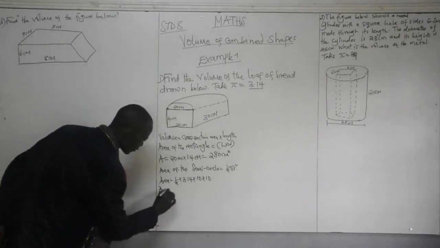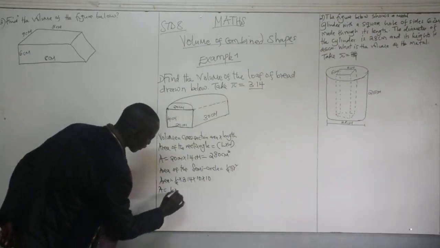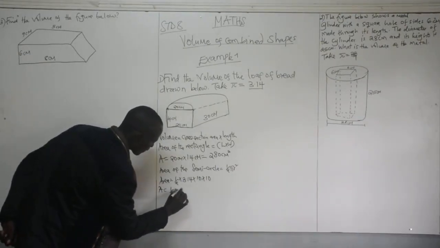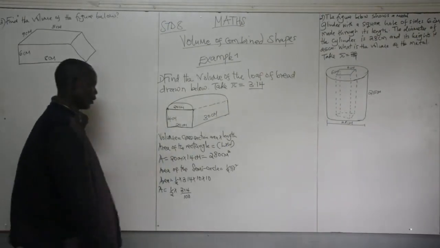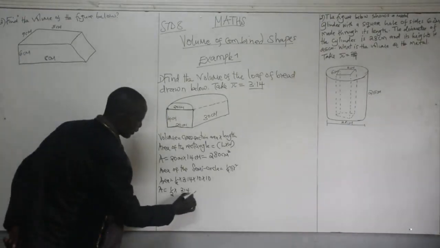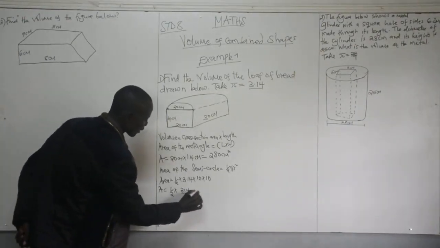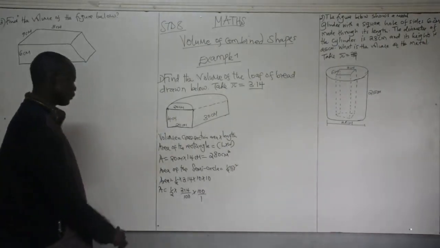The area is equal to half times, changing this into a fraction, 314 over 100, times 10 times 10, which gives us 100 over 1.